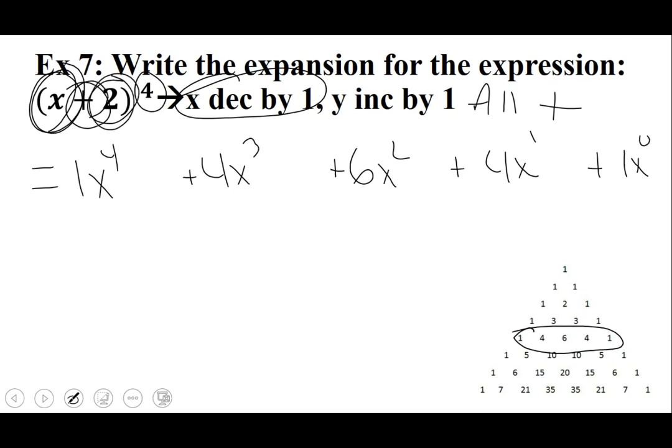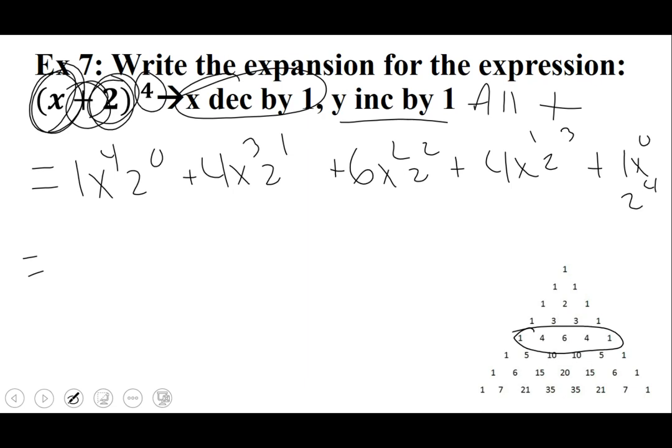Whatever is in the second slot is going to have a power that increases by 1, starting off with the 0th power. So this would be 2 to the 0, 2 to the first, 2 squared, 2 cubed, and 2 to the 4th. And then in your final answer, you want to try to simplify.